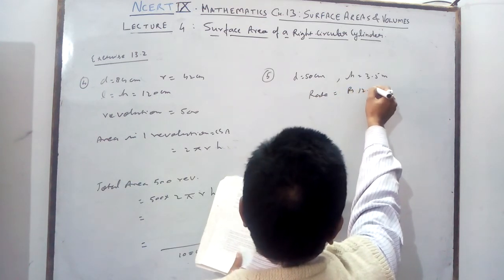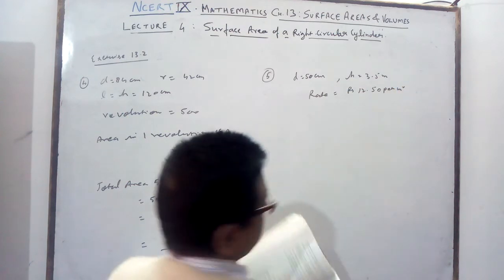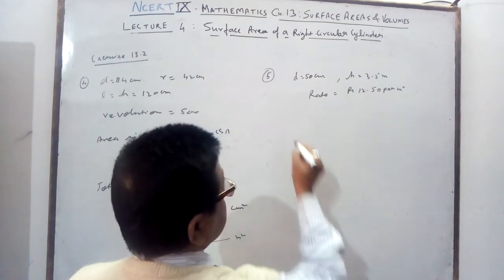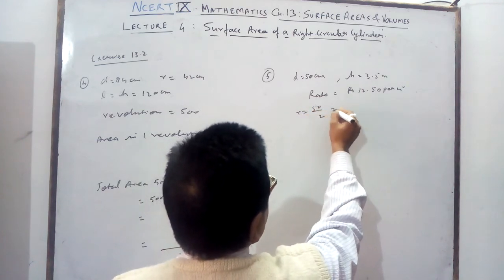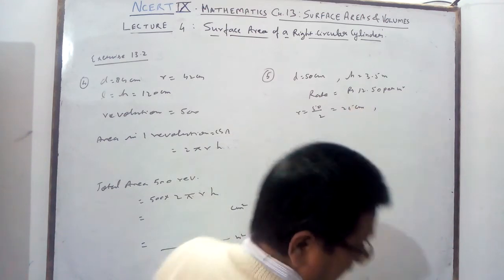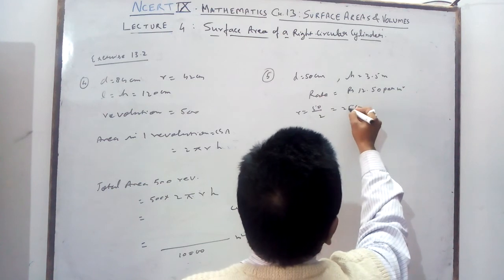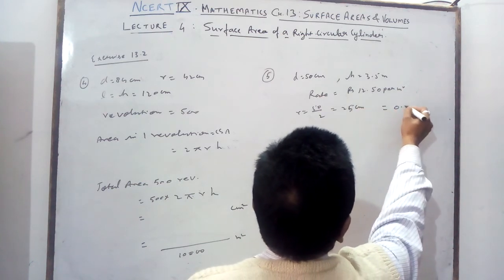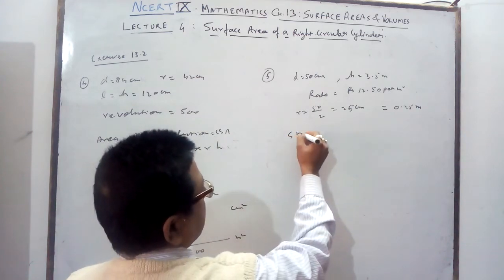Rupees 12.50 per meter square. It is the rate given. So what is the cost of CSA? For CSA, calculate radius: 50 by 2, 25 centimeter. It is given in centimeter, convert into meter. That is 0.25 meter.